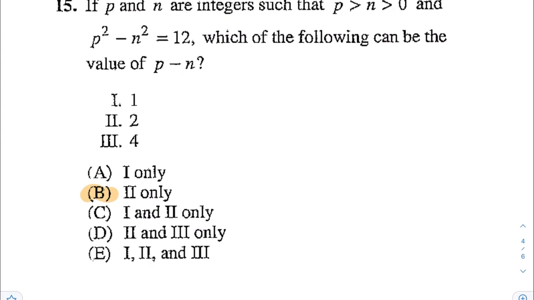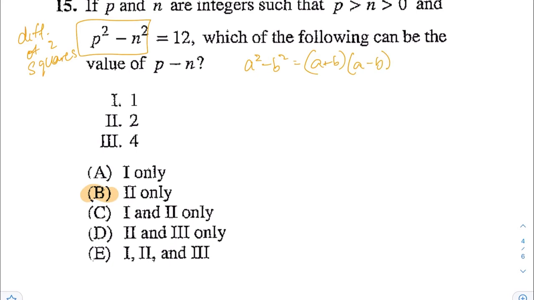So here, this is actually your difference of two squares factoring pattern. And when you have a squared minus b squared, you can factor this to a plus b times a minus b. So from here, we can actually take p squared minus n squared into p plus n times p minus n.